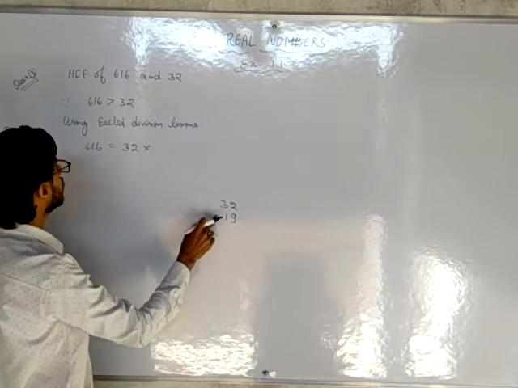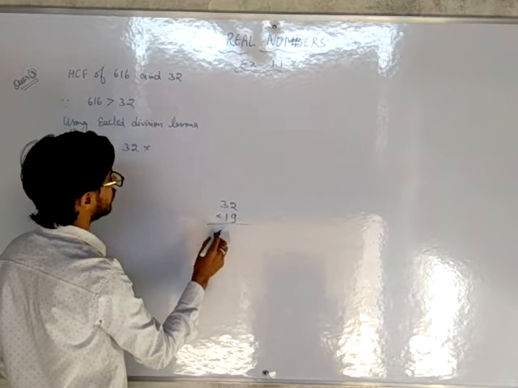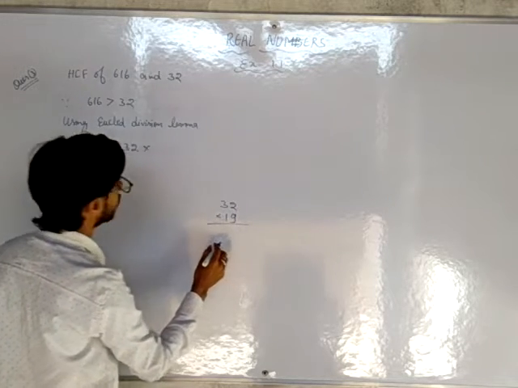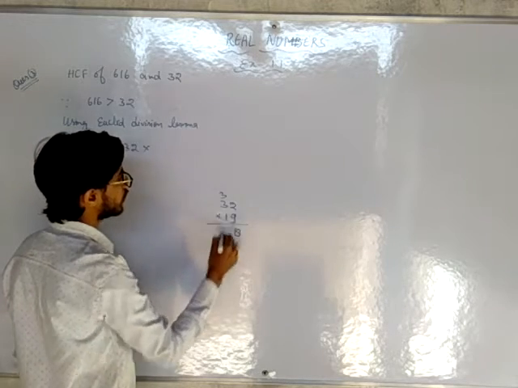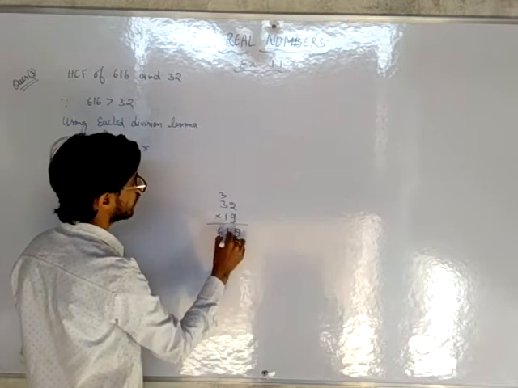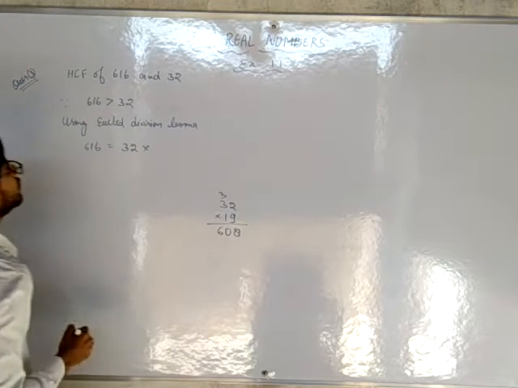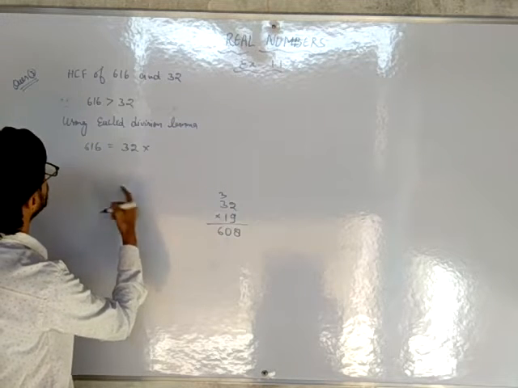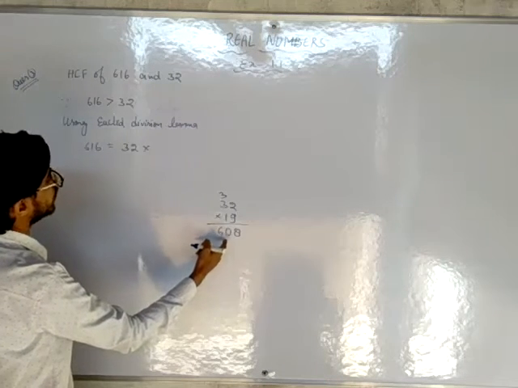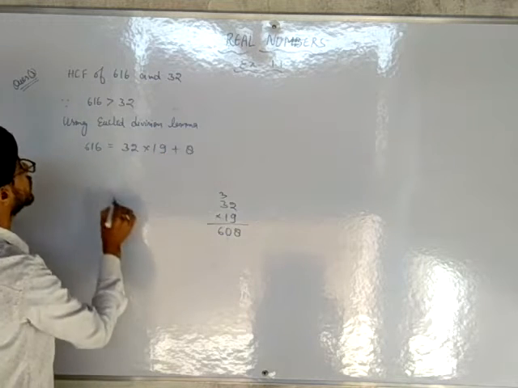Because 10 times it will be 320. And 9 times 32 is 288, so 608. Remaining will be 8, meaning 19 times and remainder 8.